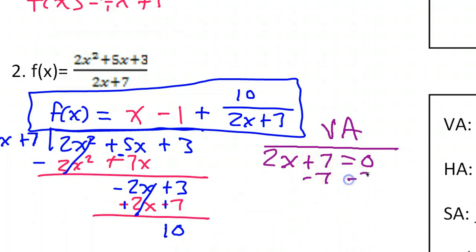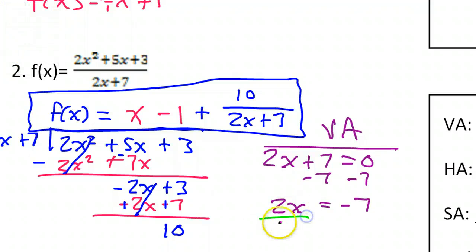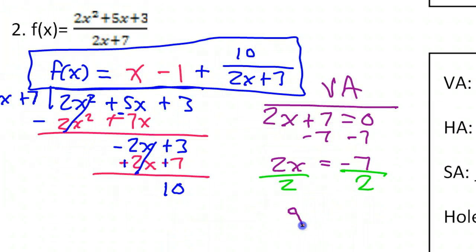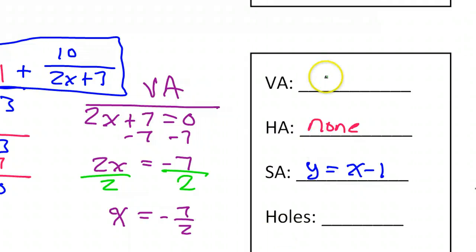Subtracting 7 from both sides, 2x equals negative 7, divide by 2. So I have x is equal to negative 7 over 2. So this is going to give me my vertical asymptote. x equals negative 7 over 2.